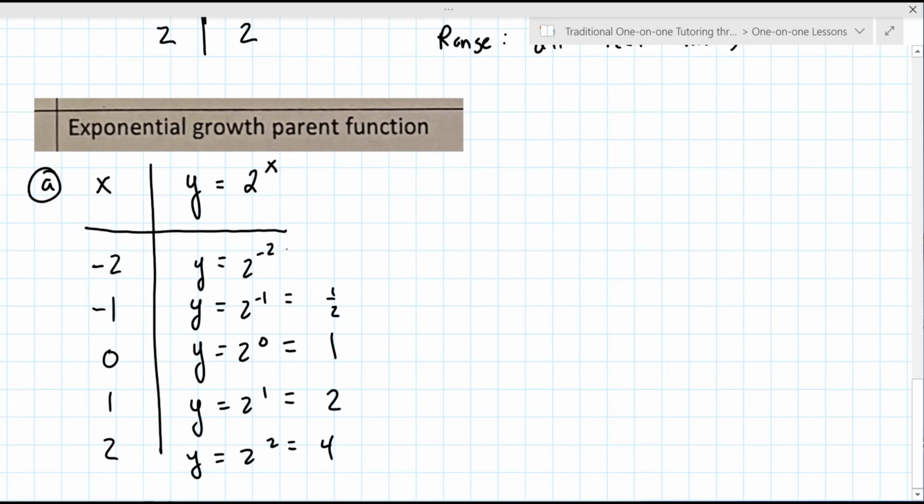And I think you'll get some more clarity when we actually graph it. Yeah. Okay, I'm still writing it.